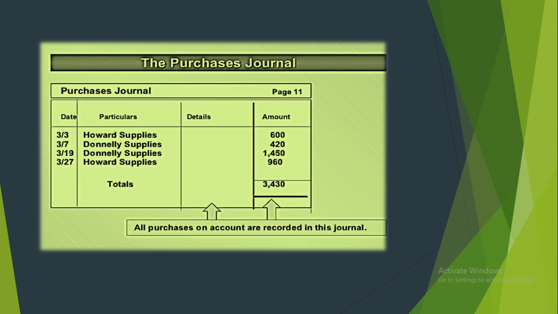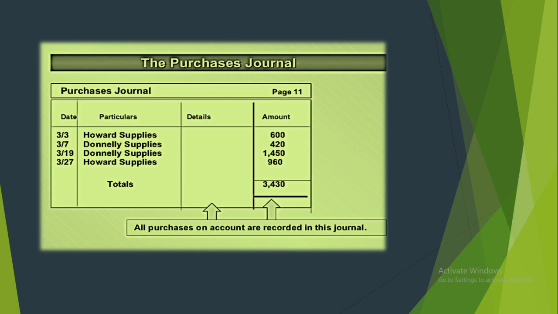Purchase journal. Here the purchase journal is also important. Here also date, particulars, details and amount columns are important, and I have mentioned these four transactions: Howard Supplies 600 rupees, Donley Supplies 420 rupees, Donley Supplies again 1450 rupees and again Howard Supplies 960 rupees.